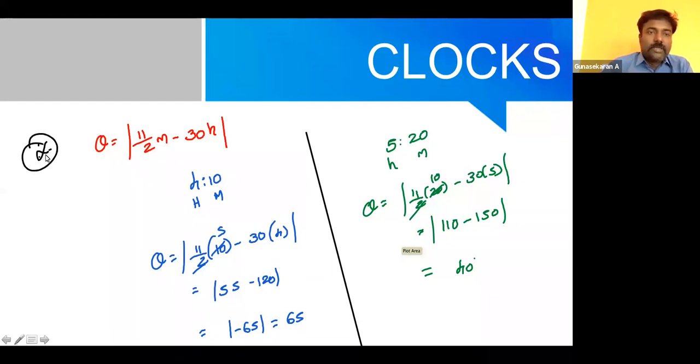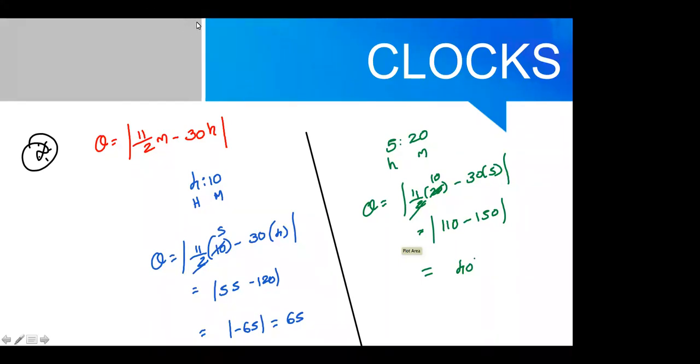Theta equals 11 by 2 m minus 30 h. Just note down this example. We'll do one more question so that you'll understand clearly. Angle between minute hand and hour hand formula. Only one formula in clocks, that is most important.